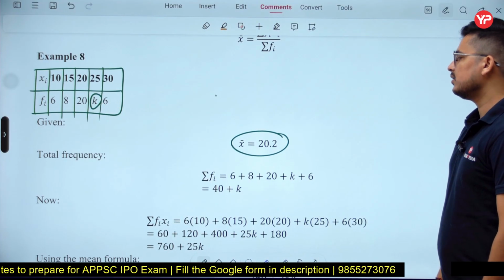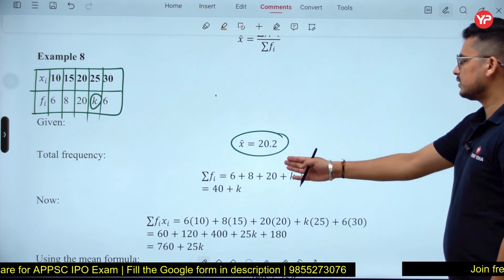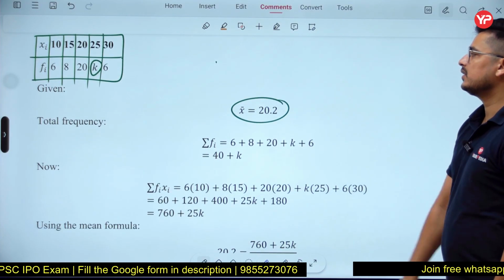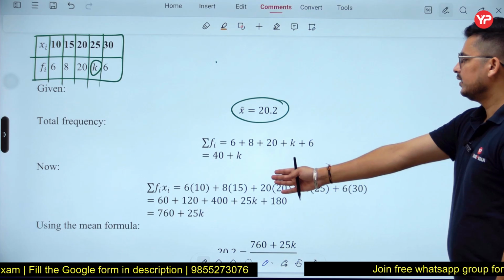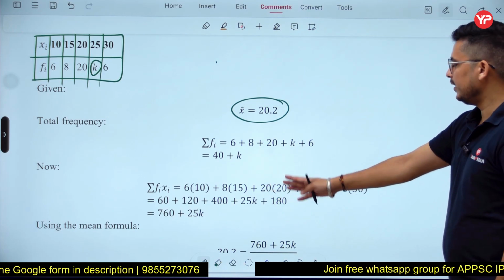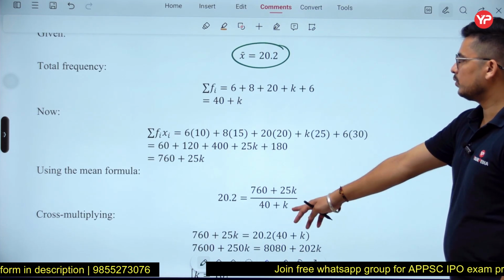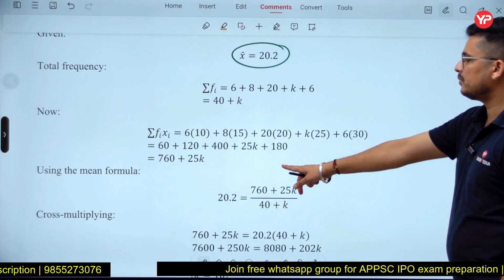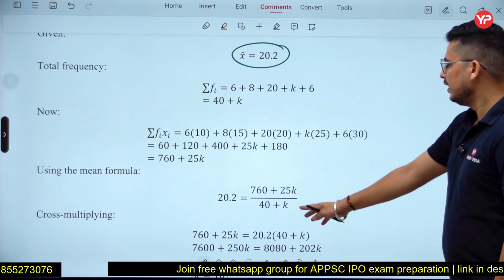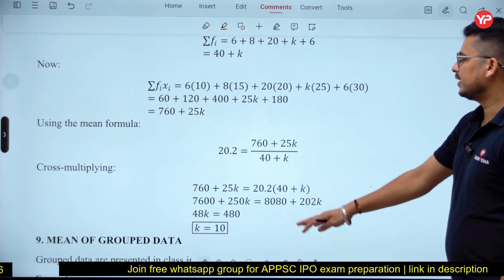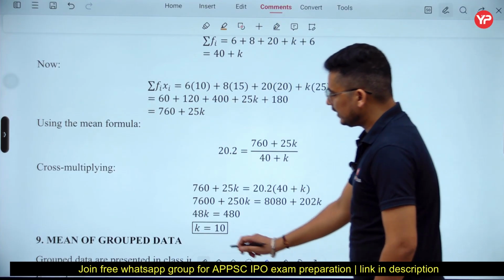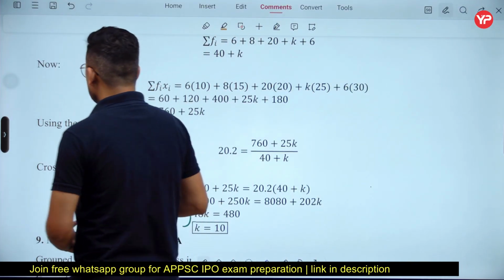So again we can do the same thing. First we calculate summation of fi, that is 40 plus k, and summation of fi xi, that is 760 plus 25k, then divide them, and that should equal the mean, which is given as 20.2. We just multiply them together and we will get the k value, and that k value is 10. So this is the way you can solve it.